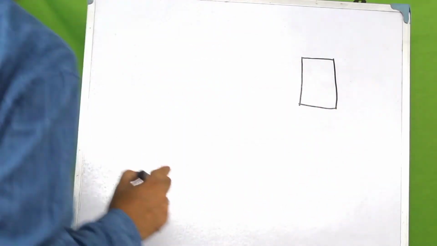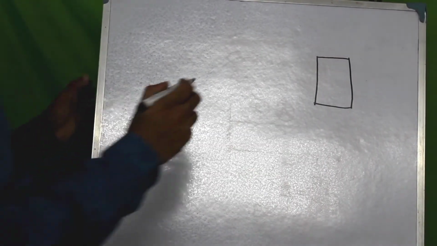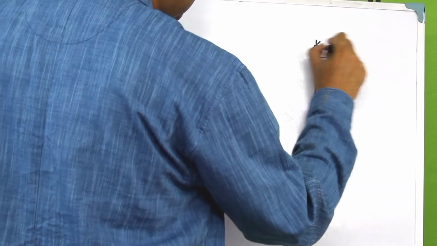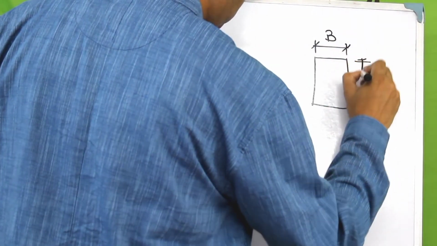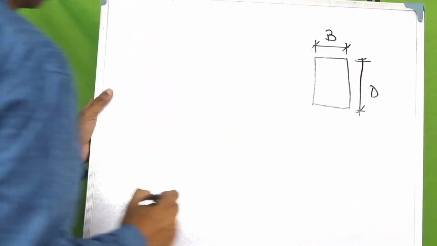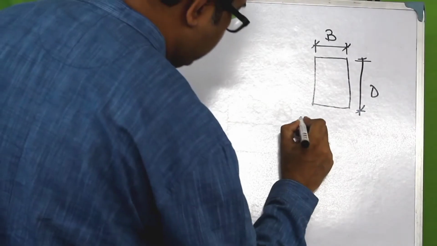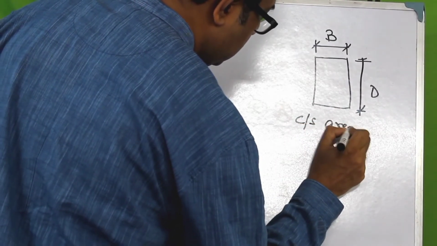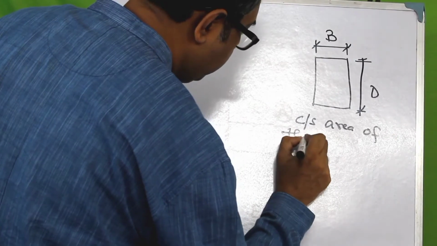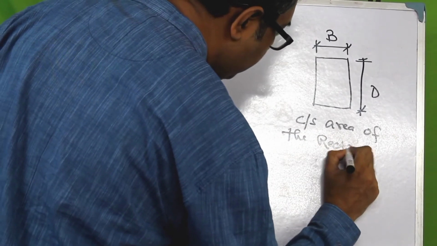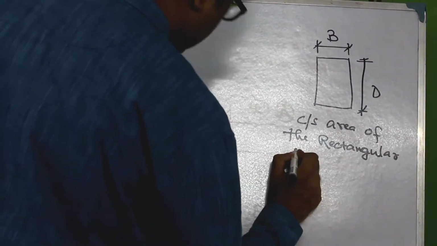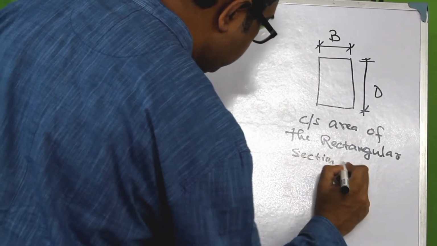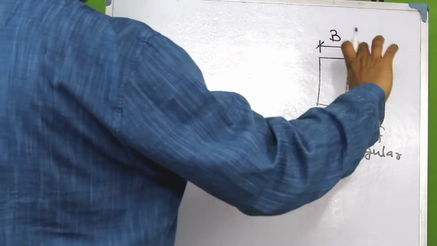In case of a rectangular section, which is common when the material is concrete, let us consider the width of the section as B and the depth of the section as D. Then the cross-sectional area of this particular section is given by, and we have studied this in our primary schools, the width into the depth.